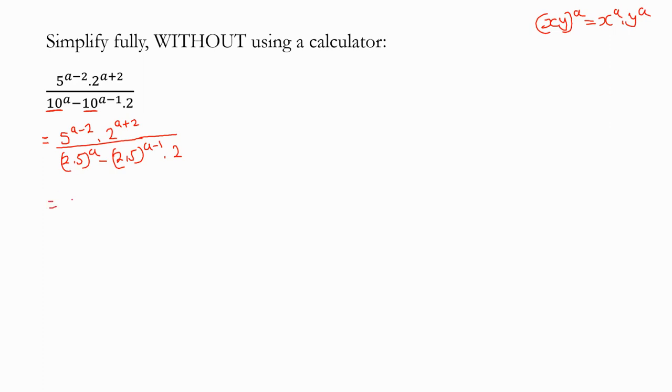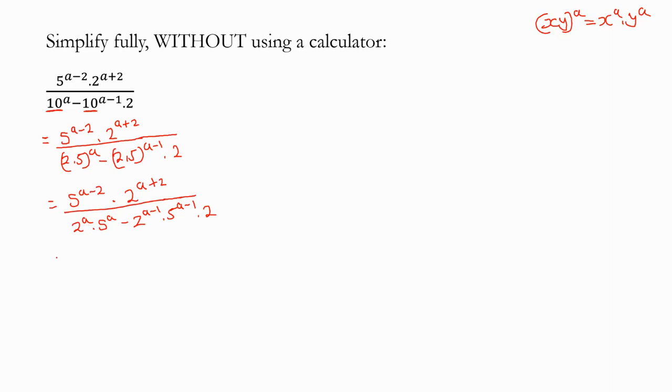So it's going to be 5^(a-2) times 2^(a+2), all over 2^a times 5^a minus 2^(a-1) times 5^(a-1), and then times 2.